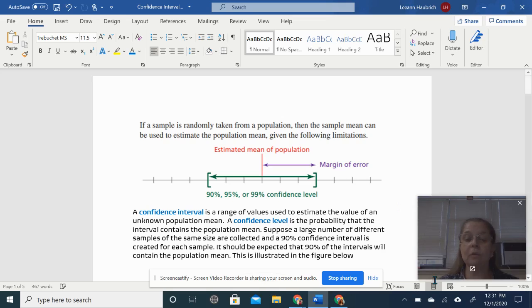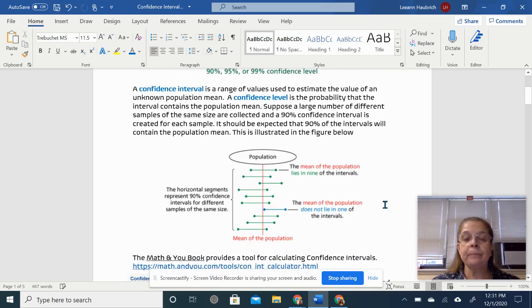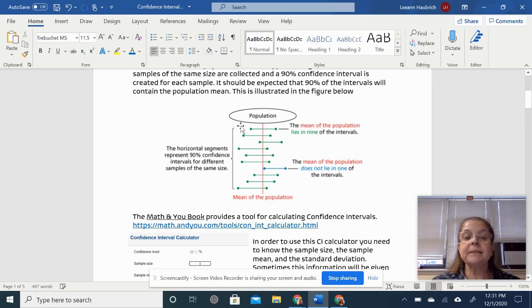So I've also borrowed another image out of your textbook. So let's pretend that this is a sample size of 100. This is somebody else's sample size of 100. Another sample size of 100.